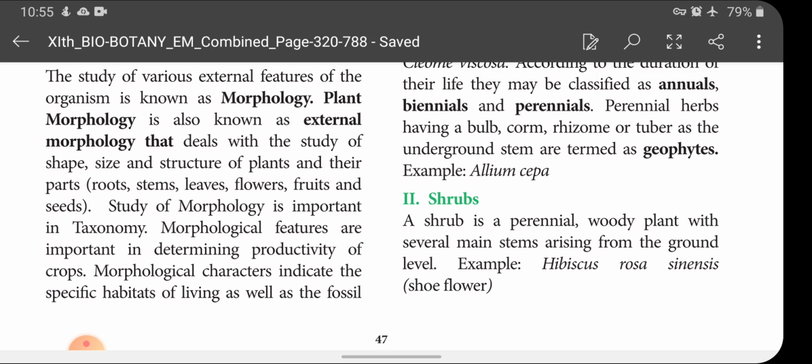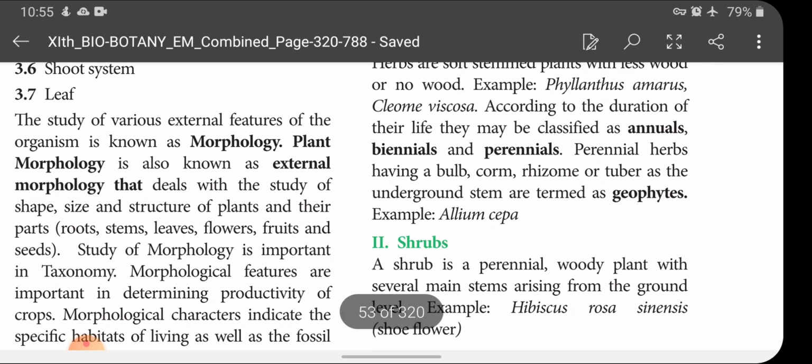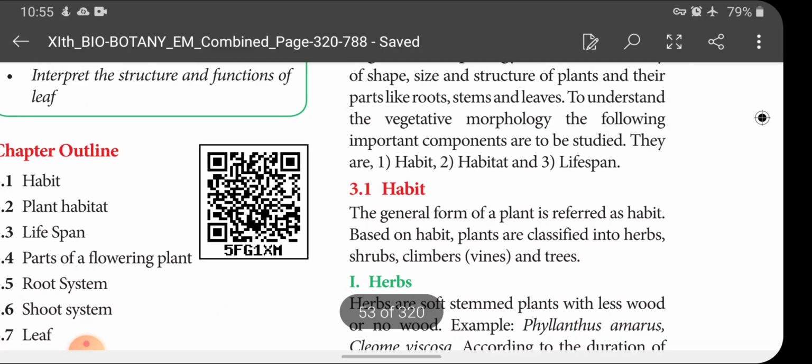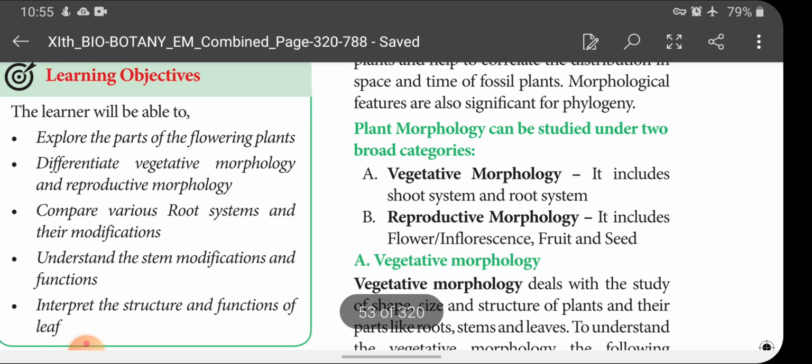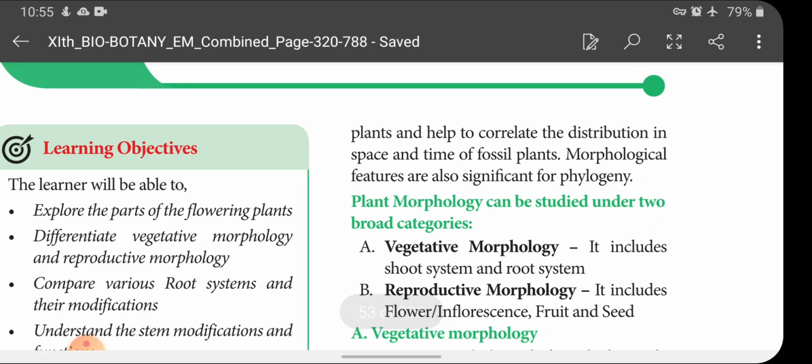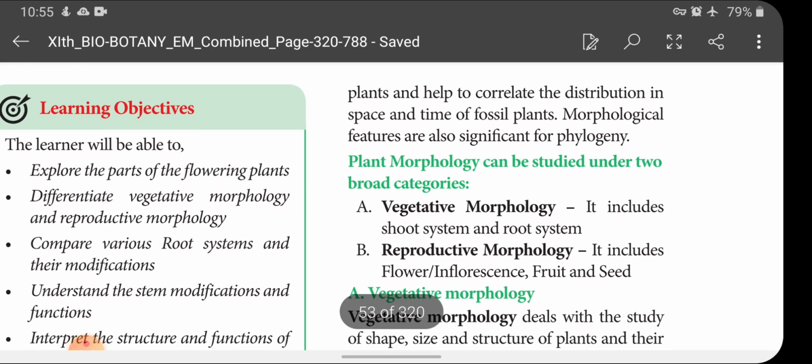Morphological features are important in determining productivity of crops. Morphological characters indicate the specific habitats of living as well as fossil plants and help to correlate the distribution in space and time of fossil plants. Morphological features are also significant for phylogeny.